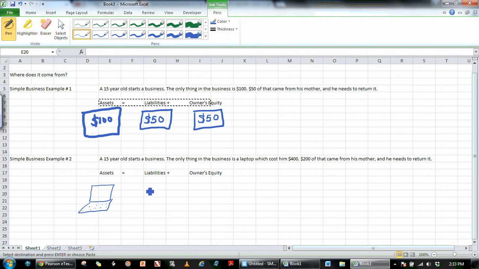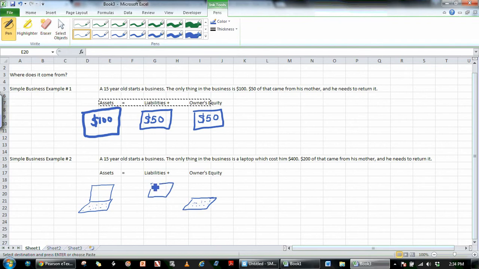And now this laptop, we can really split it up and say part of it is owned by the mother, and part of it belongs to the owner of the business, which is the 15-year-old. Everything in the business, everything of value within the business, belongs to either the owner or somebody else. That's what this equation means.